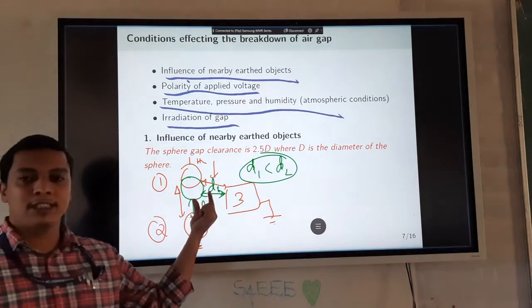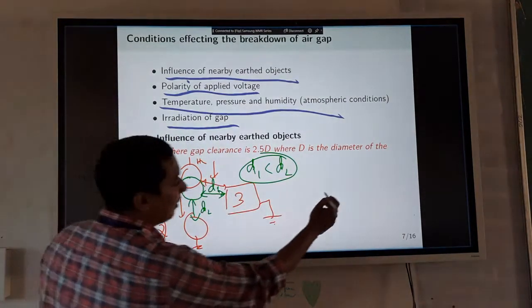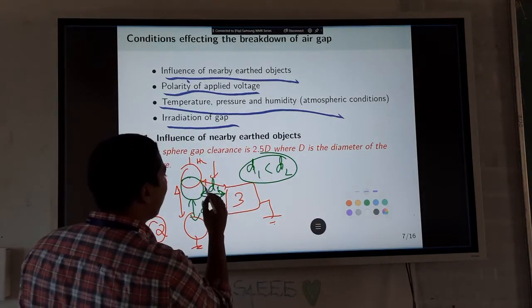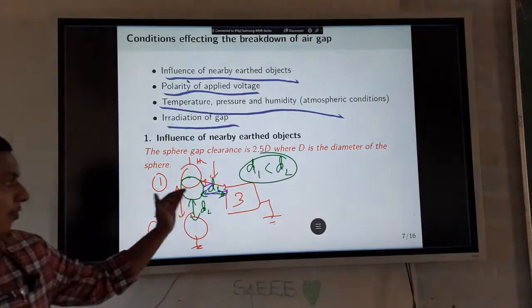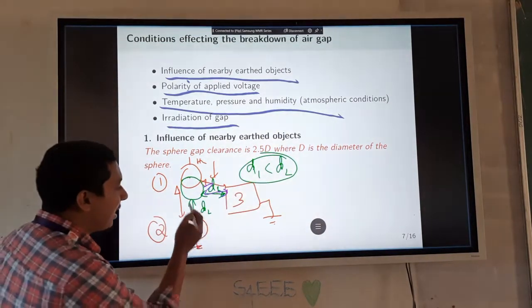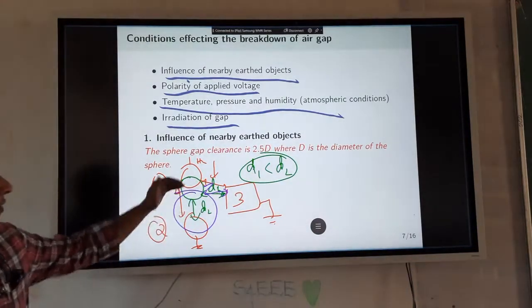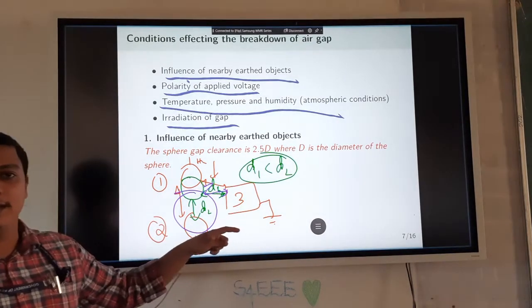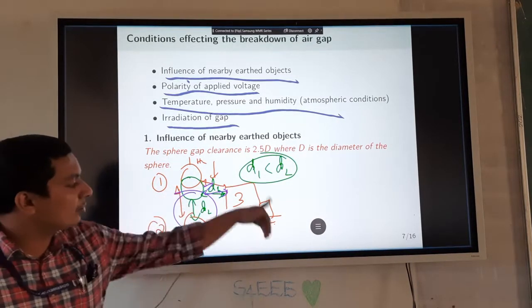Maybe this distance will be enough for a flashover to occur between 1 and 3. Even though at that time we are not having a breakdown between 1 and 2, which we will be using for measurement. So already some flashover happened, and some charge has been lost through that way to ground.